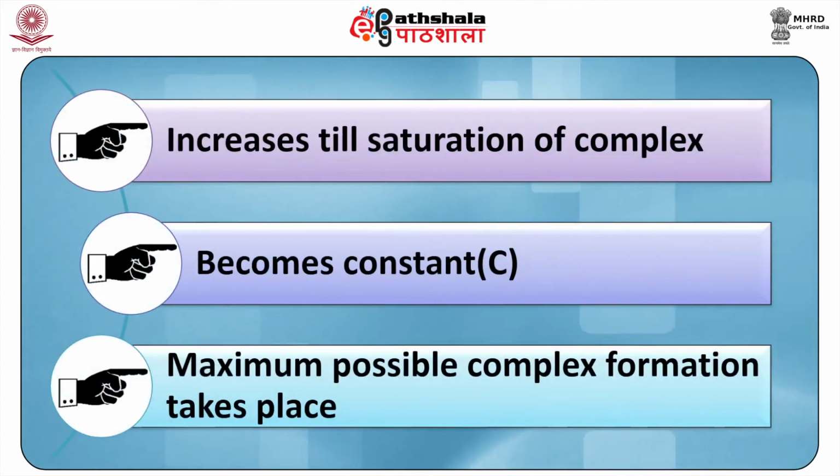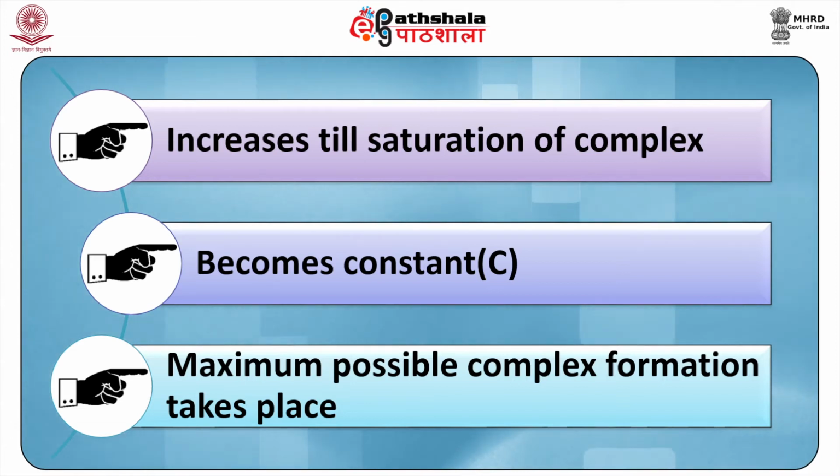Therefore, the plot is obtained by drawing a tangent at mole fraction x equal to 0 and at a point where it becomes optimum, that is, here it is ML6 in the above mentioned system. The absorption first increases till the saturation of complex and then it becomes constant.